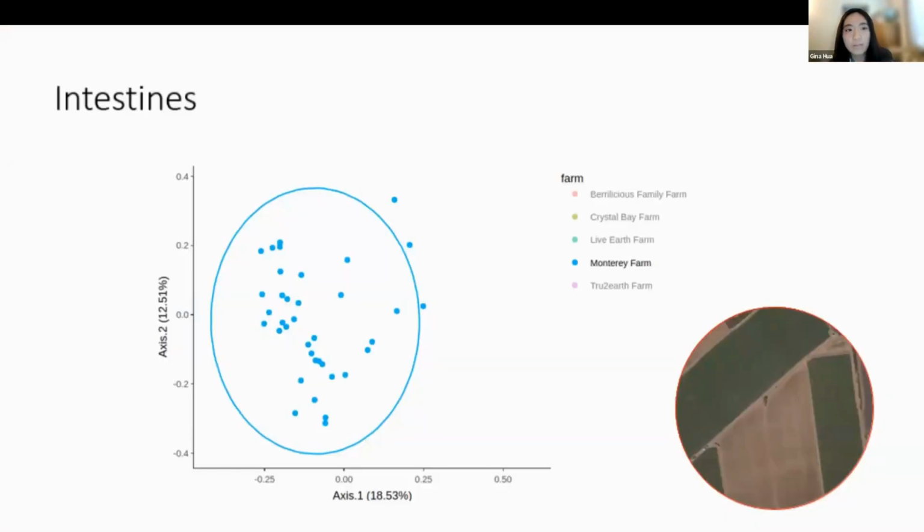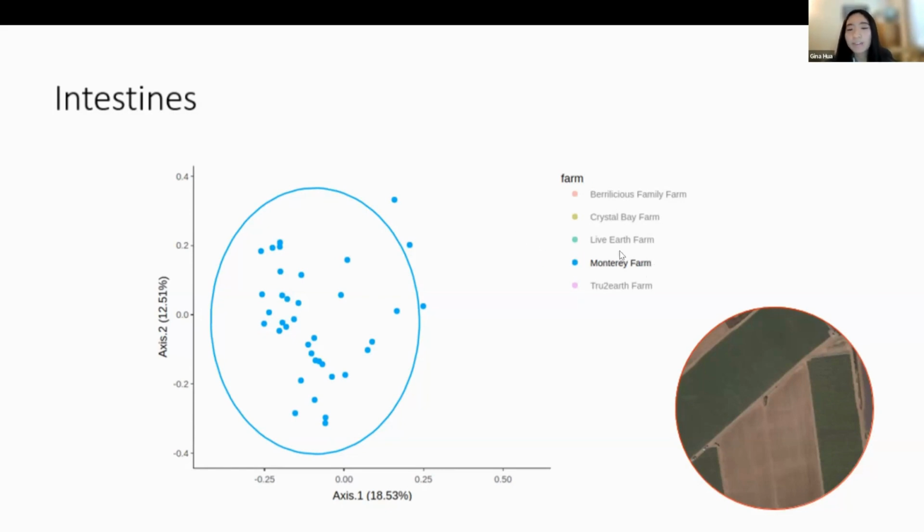So I did not finish the fungal community analysis, but we do have preliminary results that we did on the bacteria. So this is the bacterial community analysis. And here in blue is the bacterial community in the intestines for the Monterey farm.